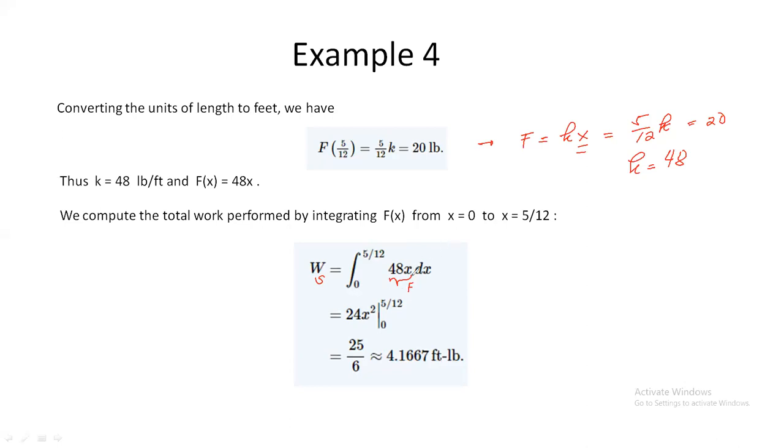The rest will just be your mathematics. Your 48x when integrated becomes 24x squared, and you just substitute the limits 0 to 5 over 12. That way your answer will be in pound force foot, or foot pound force, since we are dealing with English units. So this is how we compute for spring work.